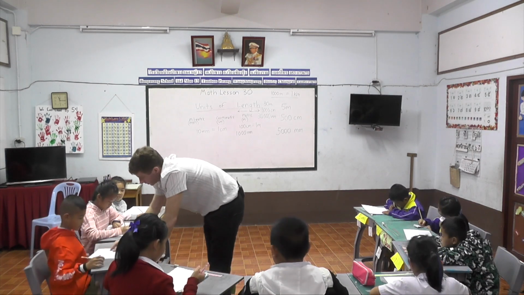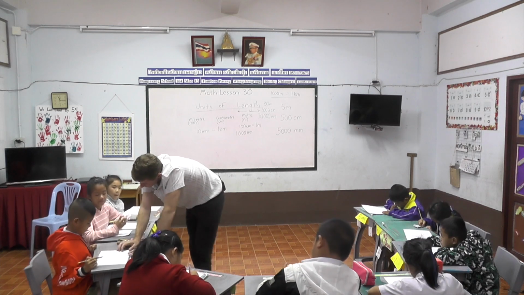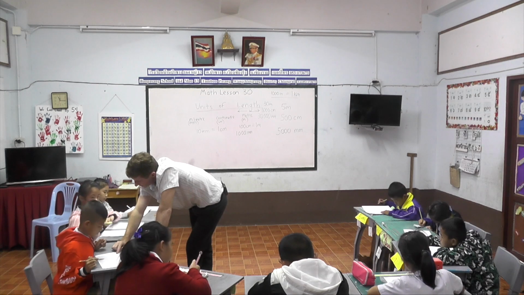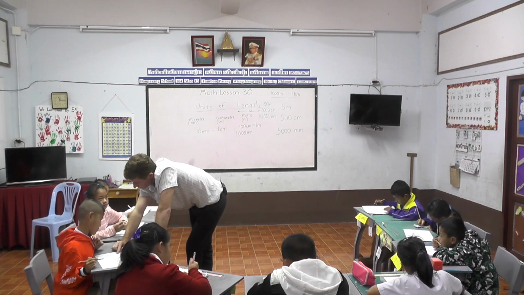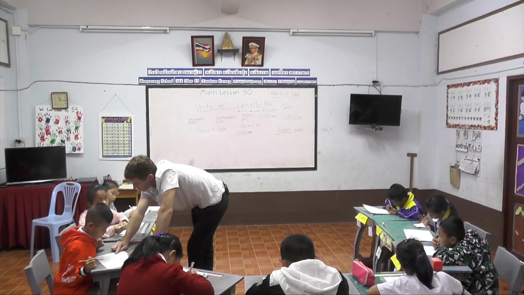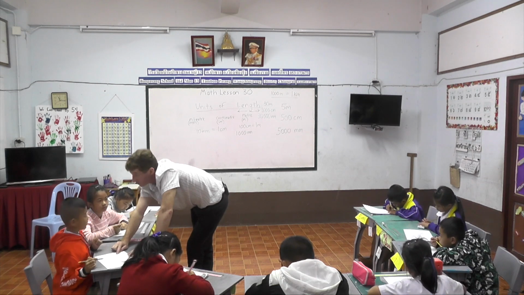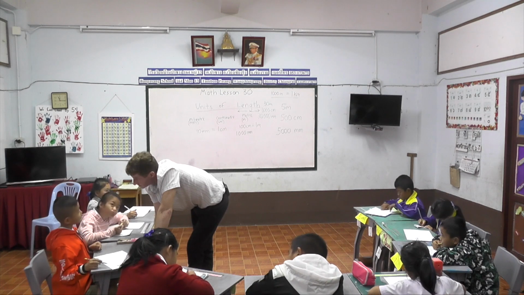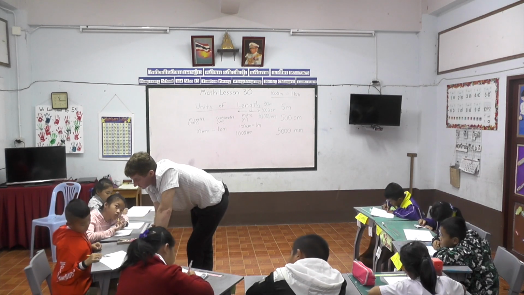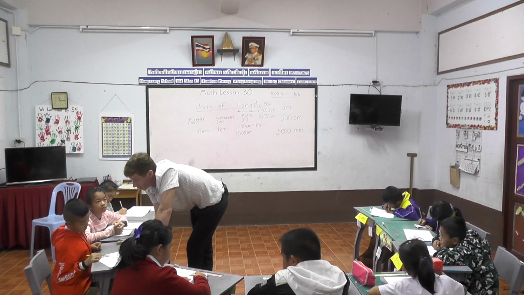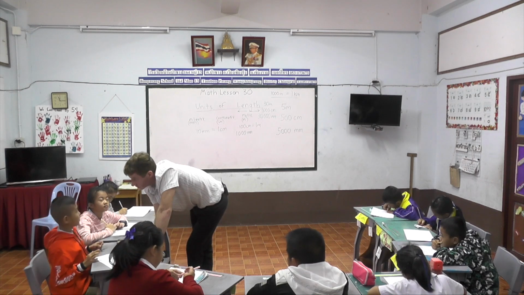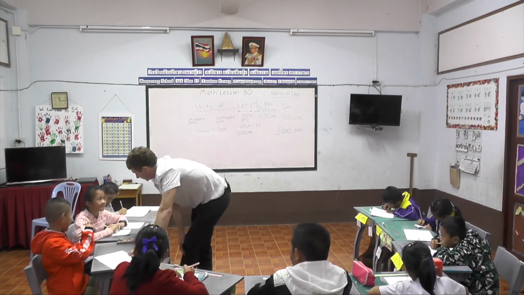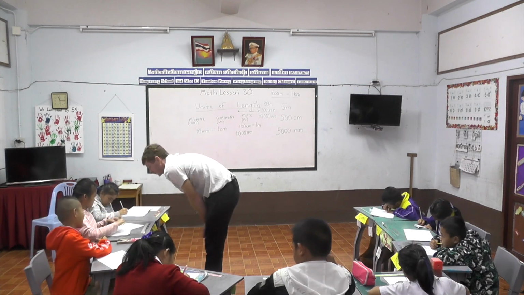What do we think? How about 100 meters? How many centimeters? 10,000 centimeters. They're the same. Yes. And how many millimeters? 100,000. Yes. Okay. What one would you like to do?